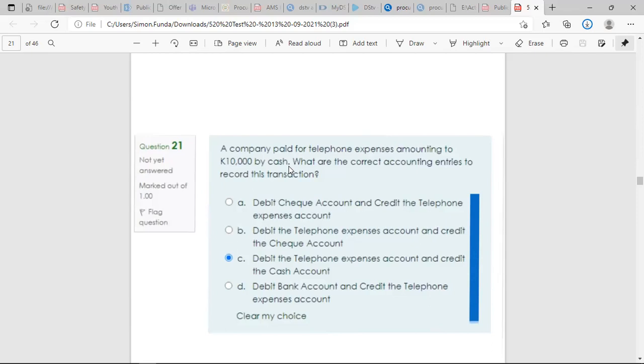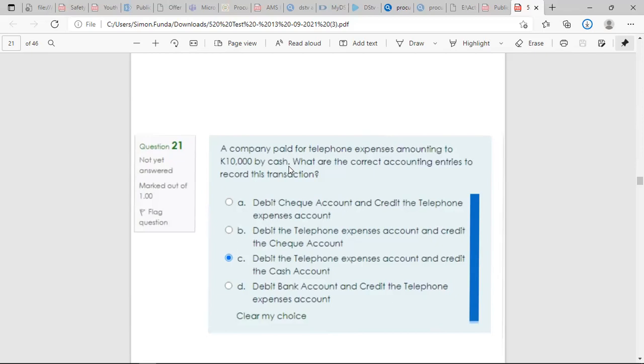Okay. So already there, paid telephone expense, that is, the telephone is an expense. So you are supposed to pay the telephone expense account. What other ledger, what other account is affected? It's the cash. So we are paying by cash. So cash and the telephone expenses. These are the two ledgers that we are supposed to open.